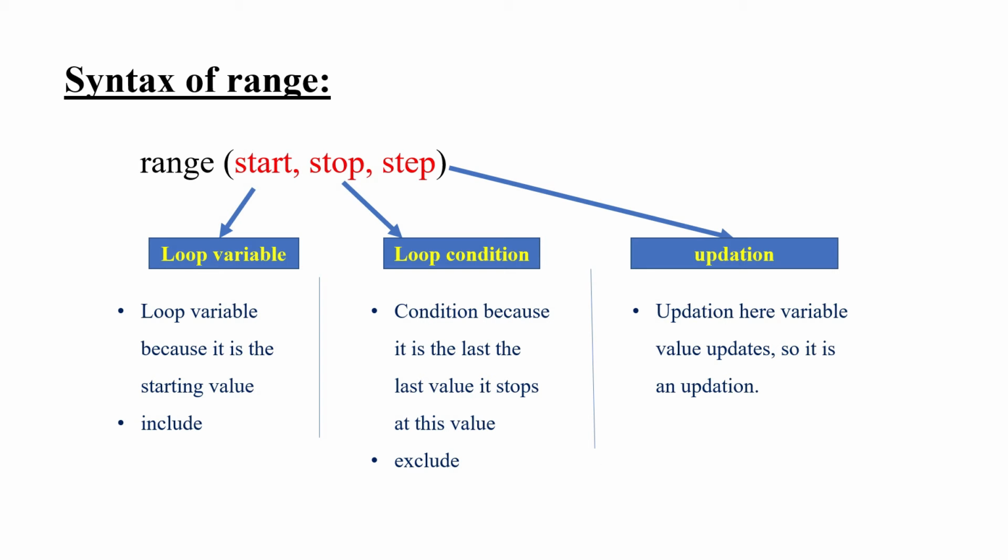The syntax of range is range(start, stop, step). In this, the start value is included and the stop value is excluded. The start is used as the loop variable because it is the starting value, and the stop is used as the condition because it is the last value, it stops at this value.